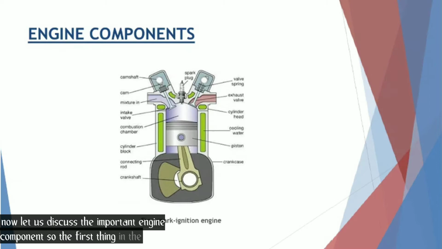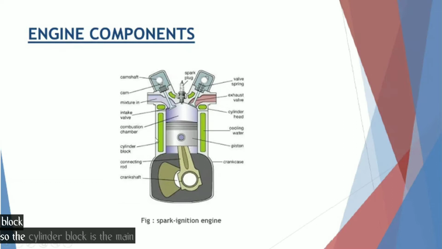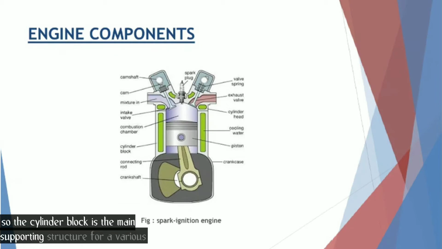So the first thing in the engine components is the cylinder block. Here you can see this is the cylinder block. The cylinder block is the main supporting structure for the various components. The cylinders of a multi-cylinder engine are cast as a single unit called the cylinder block. The cylinder head is mounted on the cylinder block.